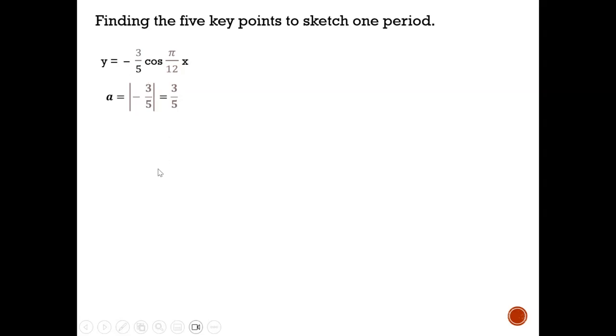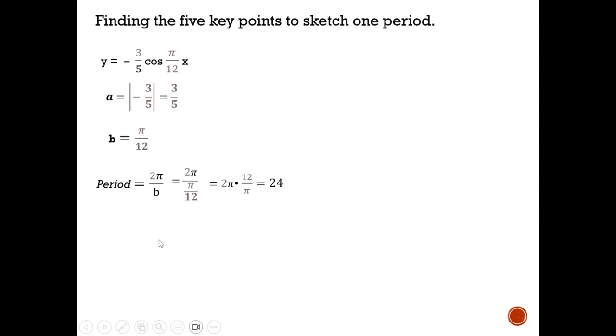My b is pi over 12. My period will be 2 pi over b, which will be 2 pi over pi over 12, which will be 2 pi times 12 over pi, right? The pi divided by pi will be 1, so they cancel. So we have 2 times 12, which is 24.